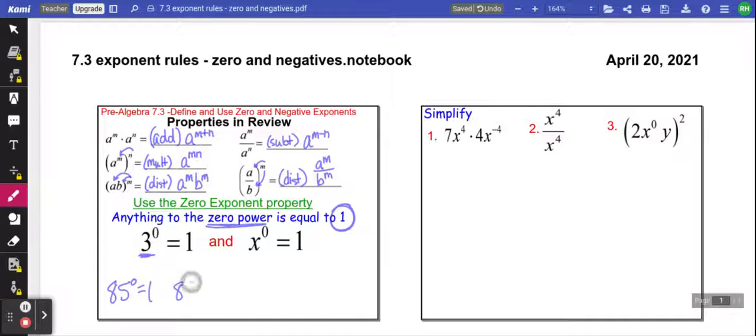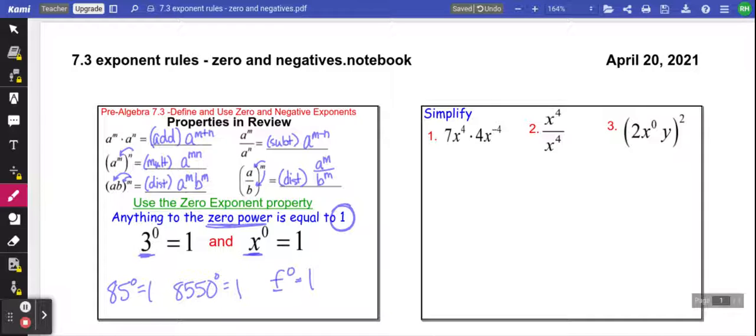You could even do 8,550 to the 0 power, and it's still going to be a 1. With that, anything that you would put in for an exponent then would also equal 1, because eventually this is going to become a number, right? So if I have f to the 0 power, it equals 1, because I'm going to replace it with a number. Anything in the number to the 0 power is a 1. Okay, so it's easy, but at the same time, we have a hard time remembering it.